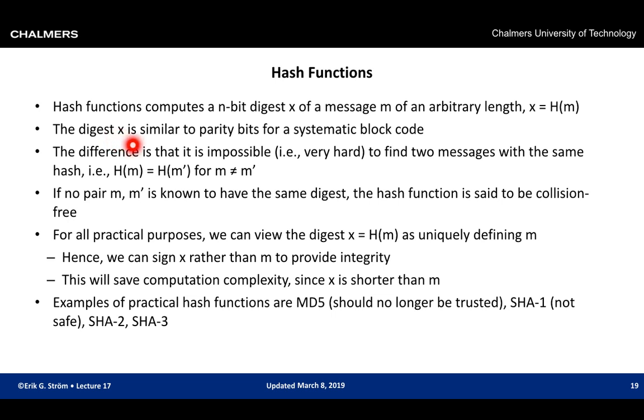So x is somehow similar to the parity bits for systematic block codes, but the difference is that it's very hard to find two messages with the same hash, with the same digest. Okay. So if m and m prime are not the same, it's very, very difficult to find a pair of m and m prime such that they have the same digest.